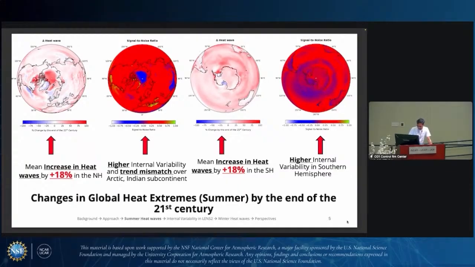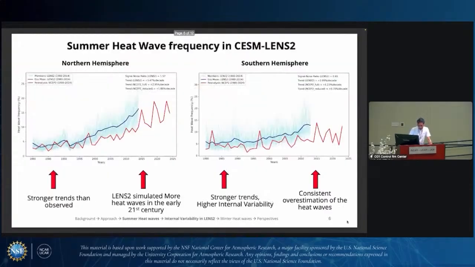Moving forward, I wanted to see whether the trends match when we take the overall mean of the hemispheric heat wave frequency over summer. I'm pretty amazed to see that in the early 21st century, Lens 2 actually simulated more heat waves, which is surprising for me.